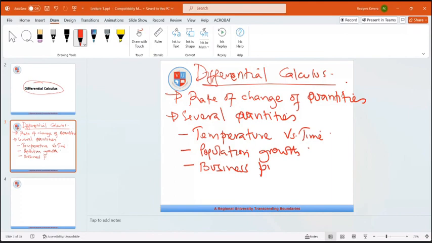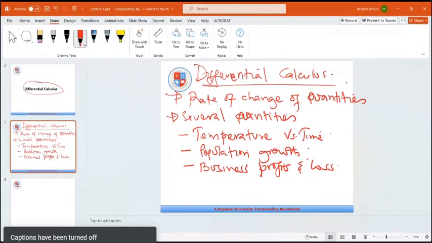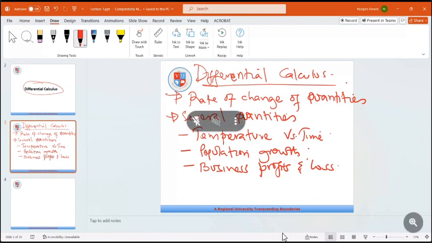Today you can make profits of 200,000. Tomorrow you make 130,000. The other day you make 50. It is a variable, something that is variable as compared to time.